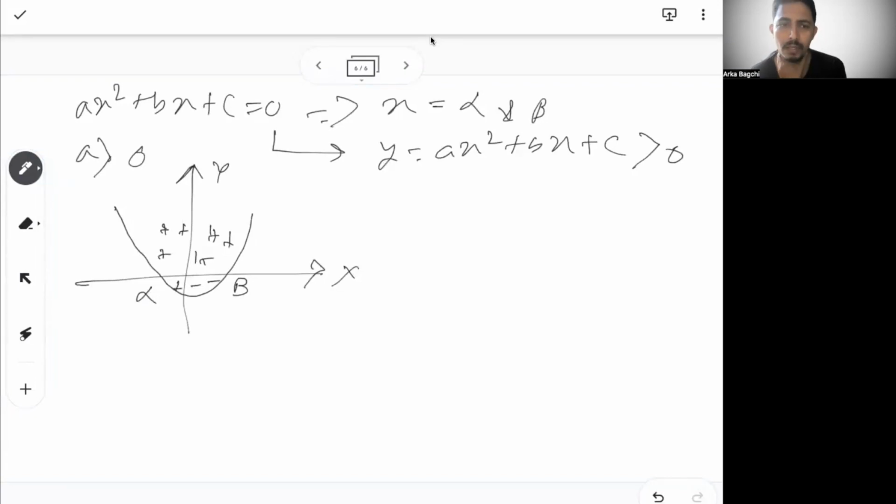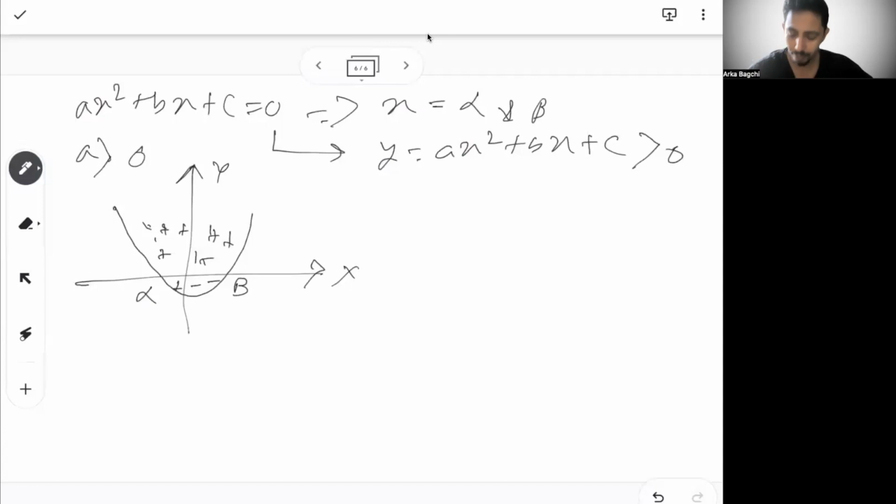If you see this carefully, y is positive when it is going up above the x-axis. The area above the x-axis is infinite, because the graph is opening upwards.